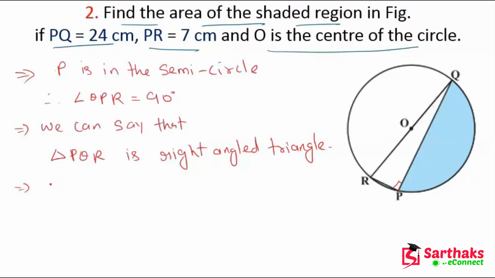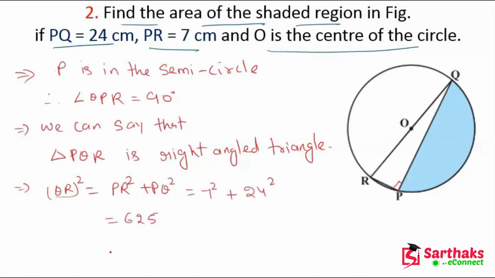So by Pythagoras theorem, we can find QR square equals PR square plus PQ square. So this will give, what is PR square? It is 7 square plus what is PQ square? Means 24 square. So if we solve this, we get 625.